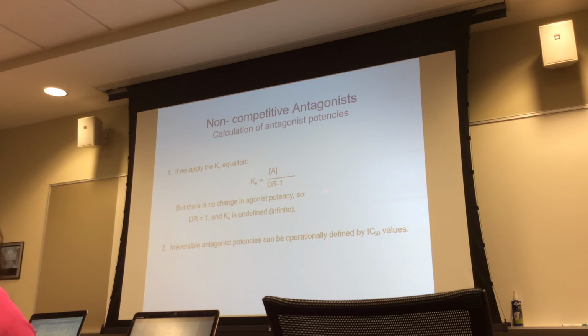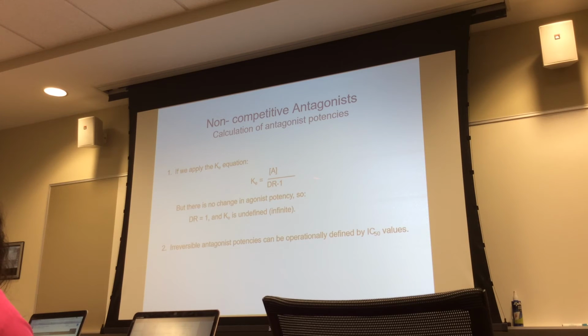Then in this case, the DR becomes an extremely high number. There's no change in the agonist potency, so DR minus 1 is 0. Then you have Ke as A divided by 0, and anything divided by 0 is an infinite number.